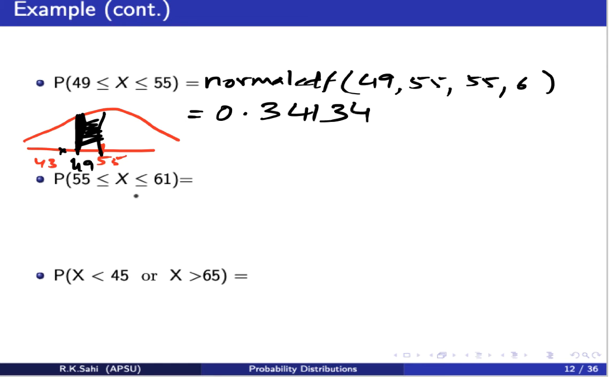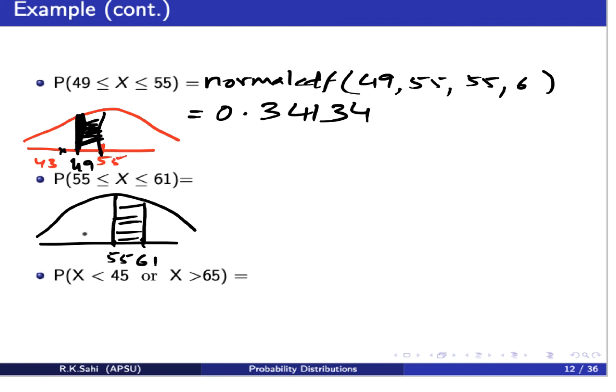Okay, let's look at 55 to 61. So if you look at this one, here's 55, and remember when we go one standard deviation, it is 61. This is exactly the same as what is happening in the previous one, which was from 49 to 55, but now it is from 55 to 61. And remember, you will notice that it is symmetric.